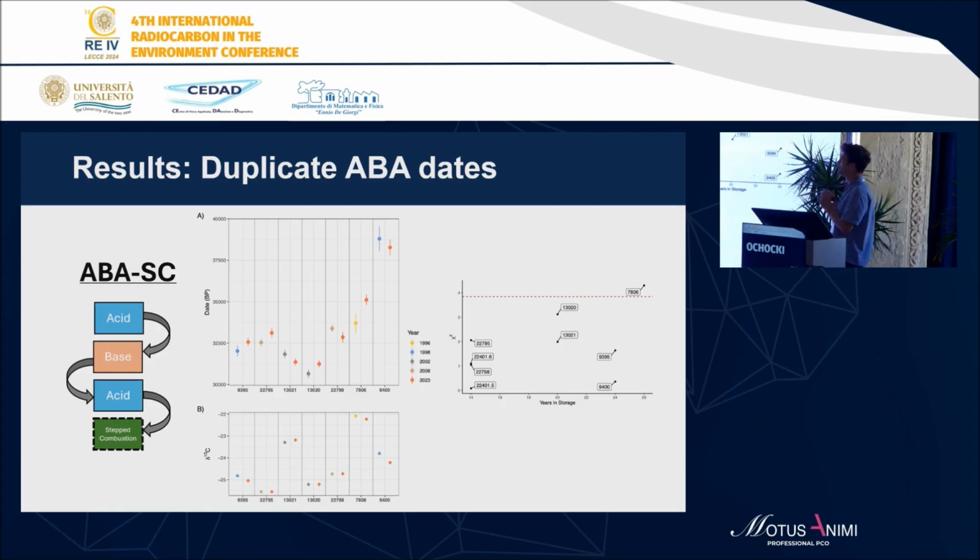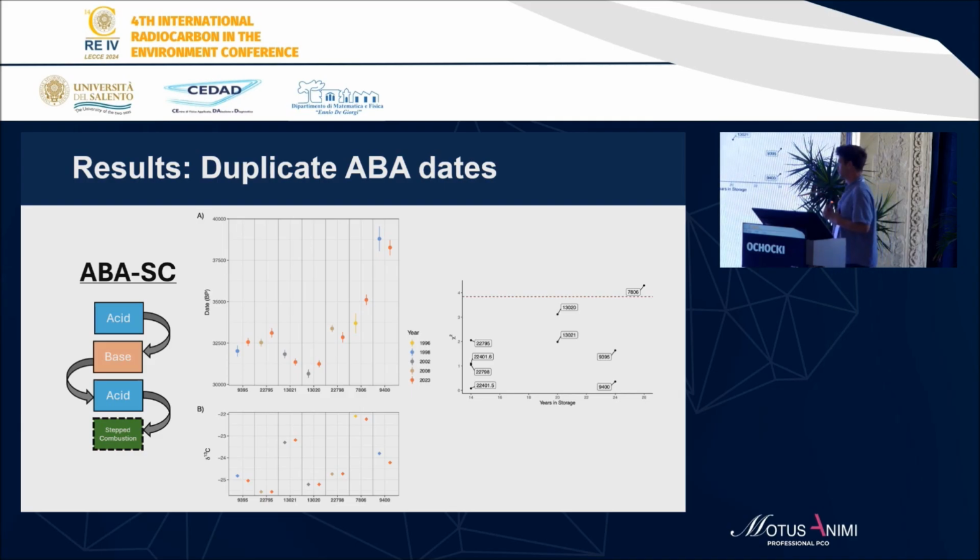In general, there was no consistent pattern between the ABA dates that we measured. Only one surpassed the chi-squared threshold we use to highlight differences between radiocarbon dates, and that was the sample that had been in the archive for the longest.